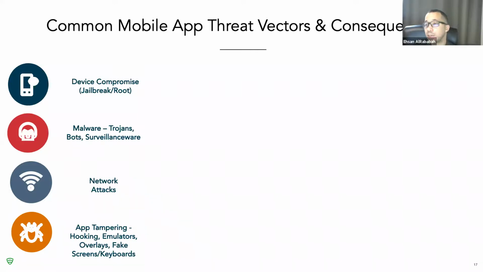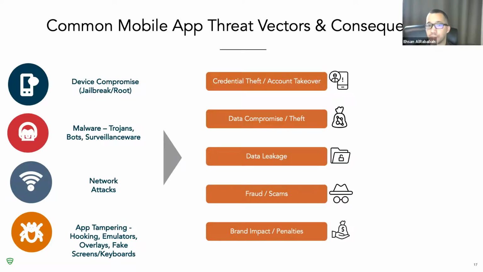So all of these items could lead to one of these consequences or a combination of them. As an attacker, they might manage to, for example, steal the credentials of the user in one way or another, compromise certain data within the app, and then leak it to a third party, like an attacker or media.